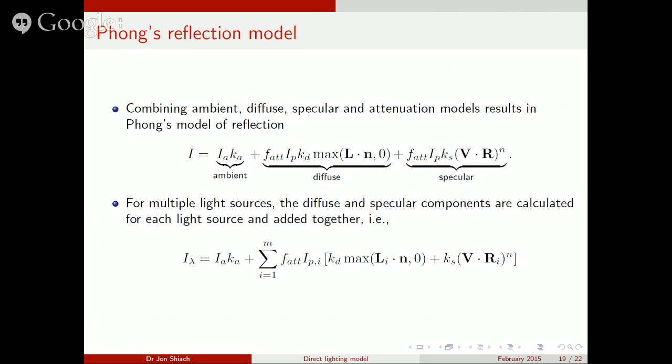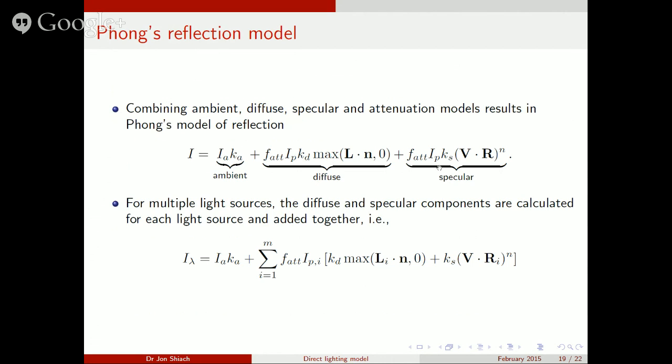Diffuse, well, it's the attenuation multiplied by the intensity of the point light source. So if we've got one light, let's say only one of these lights in the ceiling was working, that would be IP. Kd, that's again a value from 0 to 1. And this max of L dot N, that deals with the angle between L and N. Okay, so that's your diffuse model.